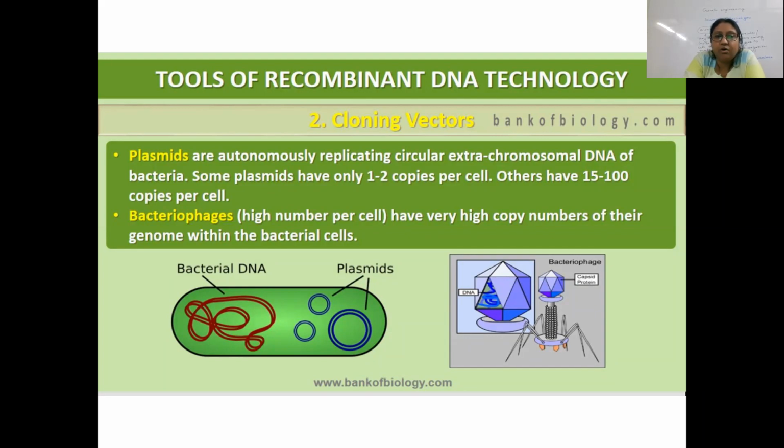Okay. Now, other than that, bacteriophages, obviously they are the best source because they are naturally infecting. So there are viruses, animal virus like the adenovirus, or there may be plant virus like tobacco mosaic virus. They can be used as a source of vector.